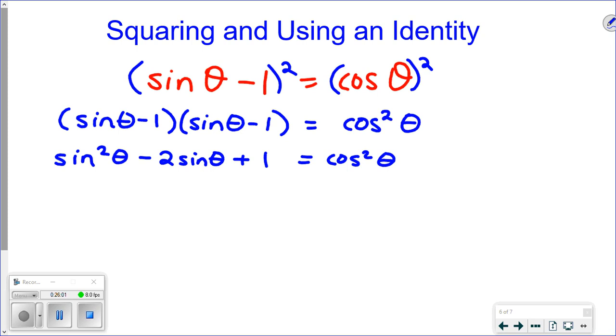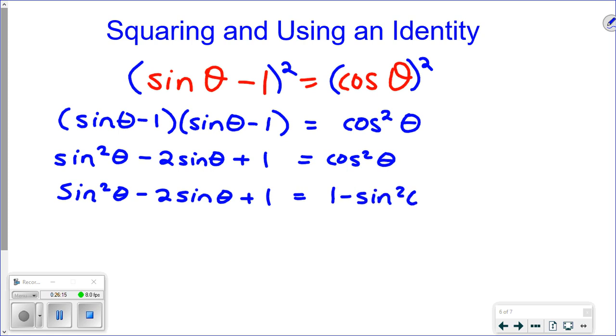Okay, now we're going to do what we did in our last example. We're going to replace cosine squared theta with 1 minus sine squared theta. And then that way our equation is in terms of only one trig function instead of 2.